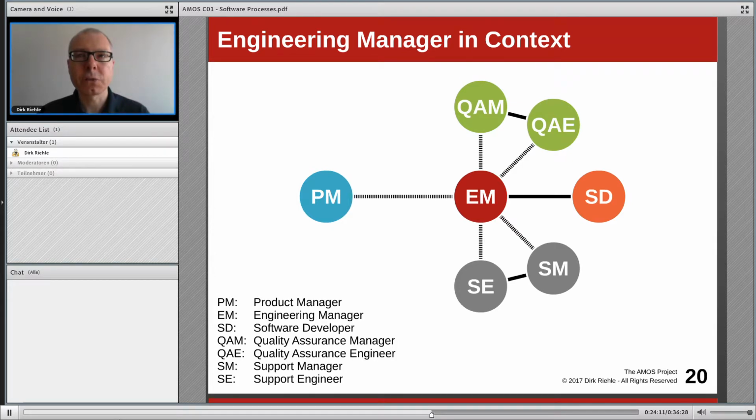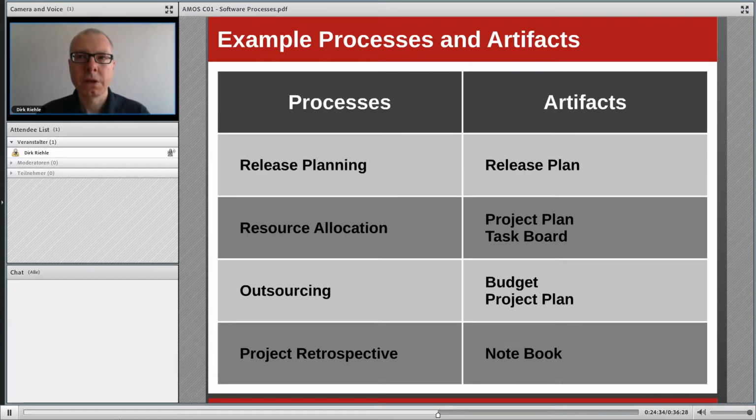In addition, they communicate with quality assurance, from which they receive feedback as to the quality of the product being developed, and they may have to talk with support engineers, support managers, in order to get the product ready to be released to the market, and that support can be provided to it. Here are a couple of example processes.